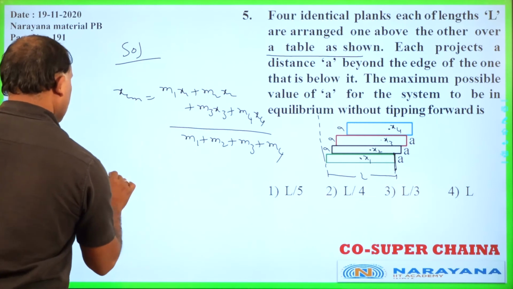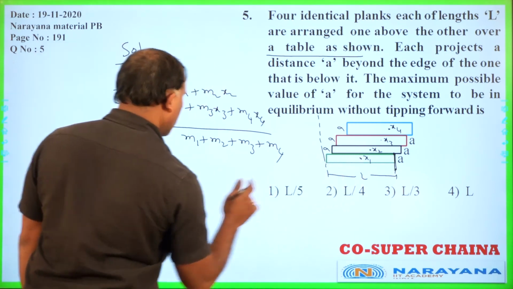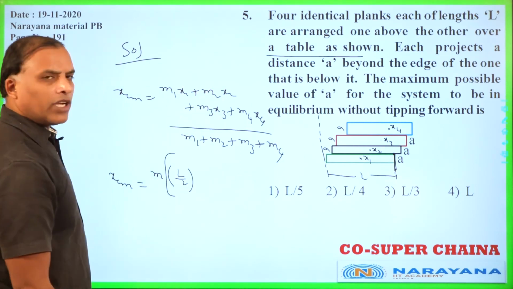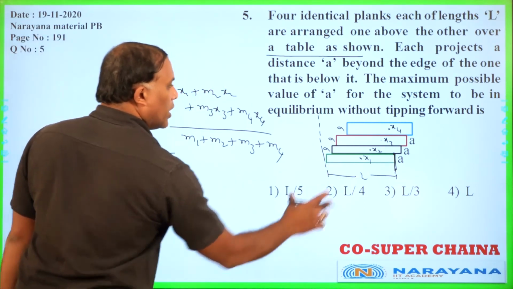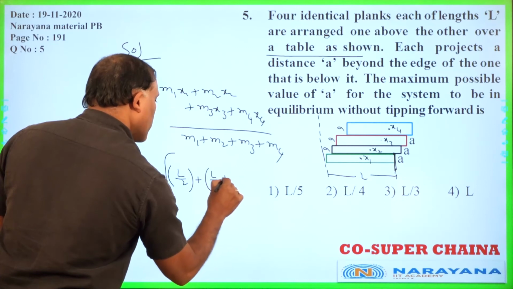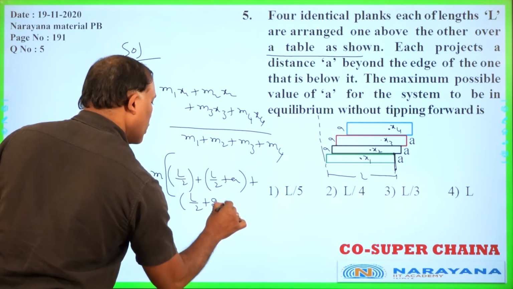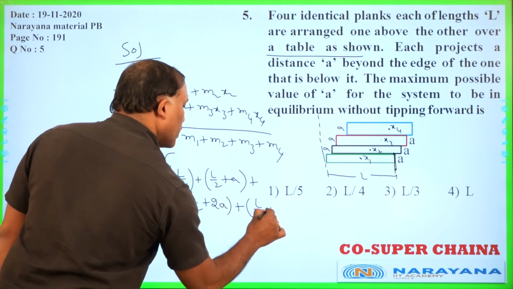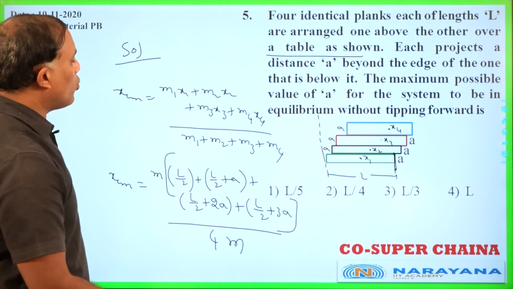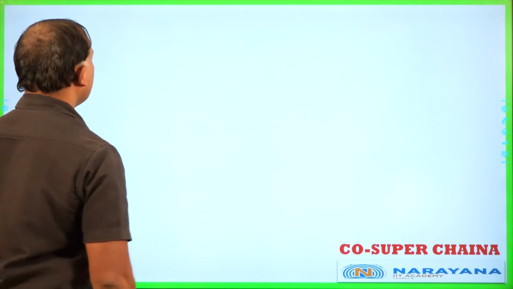Each and every mass is the same, so we take the masses common. x1 is at L by 2, x2 is at L by 2 plus A, then L by 2 plus 2A, then L by 2 plus 3A, by 4m, as there are 4 masses. So m is gone.